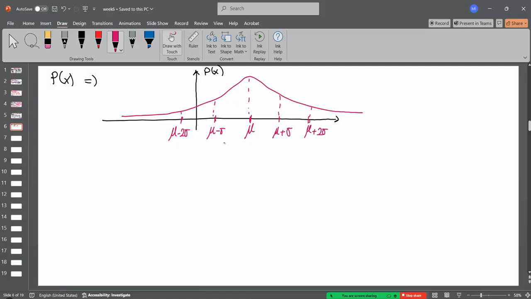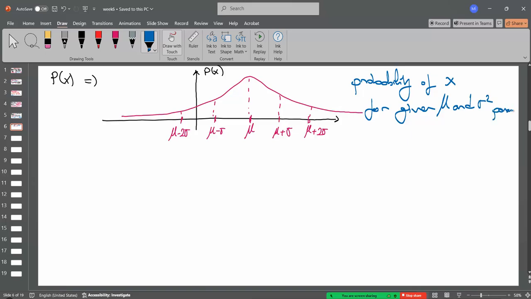So this is the probability of x for given mu and sigma square parameters.